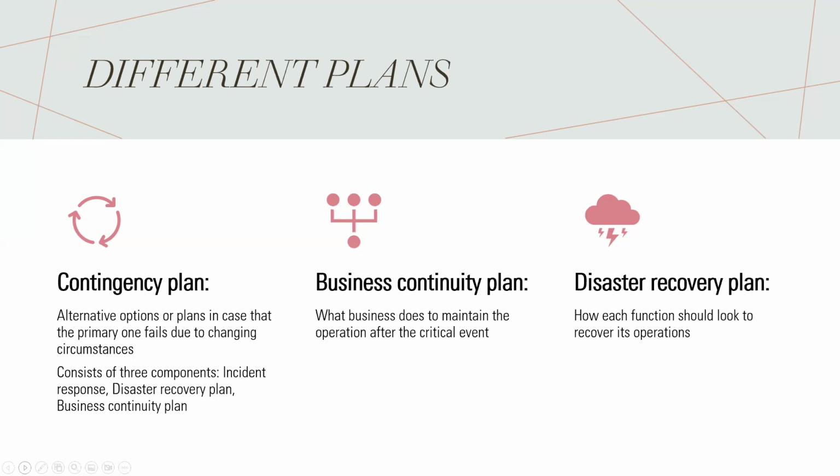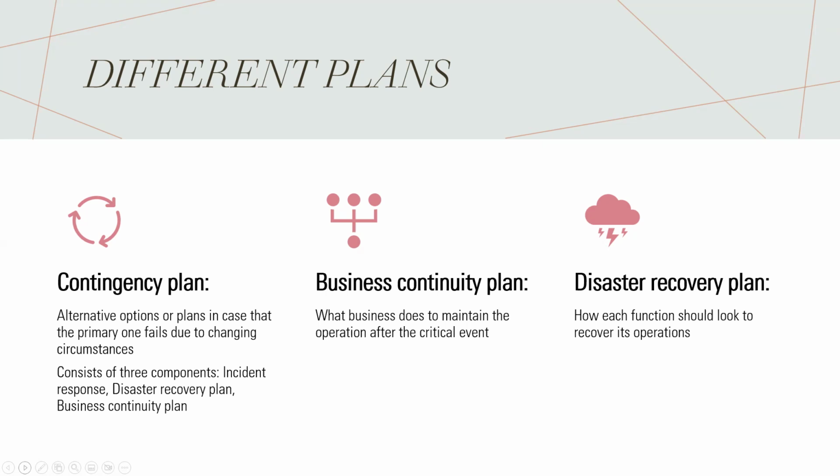Contingency plan is the action that we may undertake when the primary option fails or is unable to achieve the desired outcome. In day-to-day language, it could be called plan B. So we all know what plan B means.